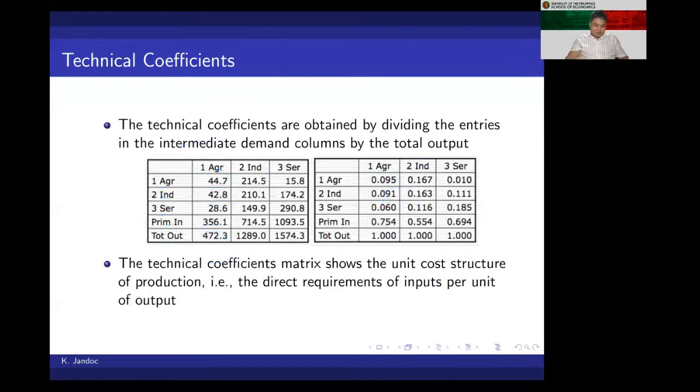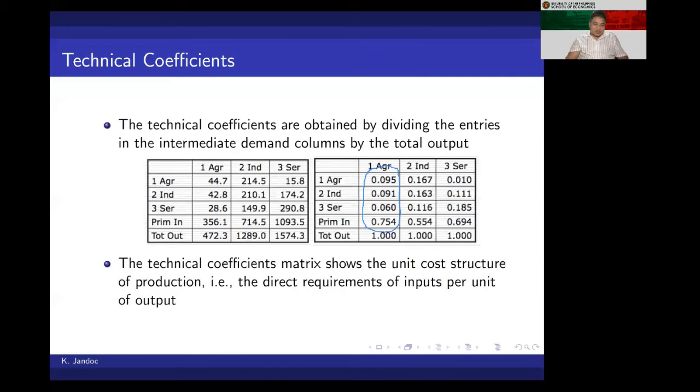Now, what do these numbers mean? Okay, let's take this first set of numbers here. So the technical coefficients are said to show the unit cost structure of production. Okay, so it shows what the requirement of input is per unit of output. So for 1 unit of output, what's the percentage of inputs that's coming from agriculture, industry, services.